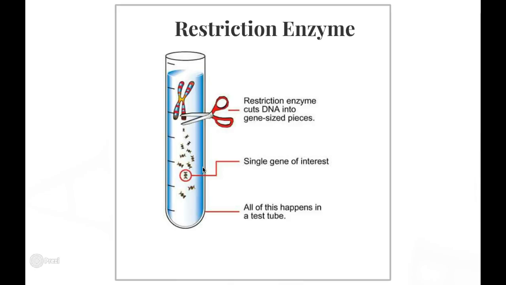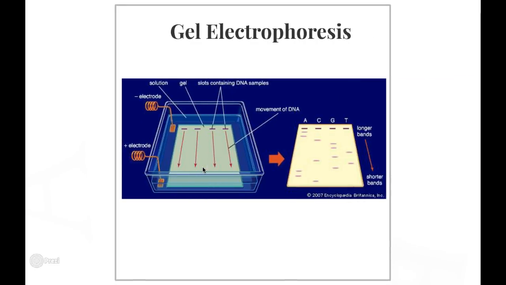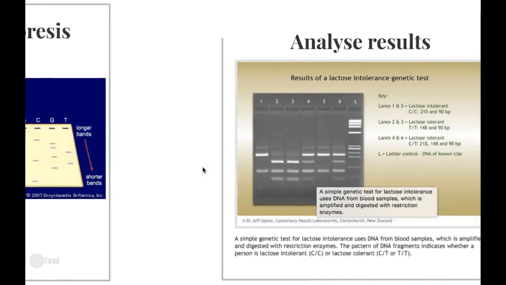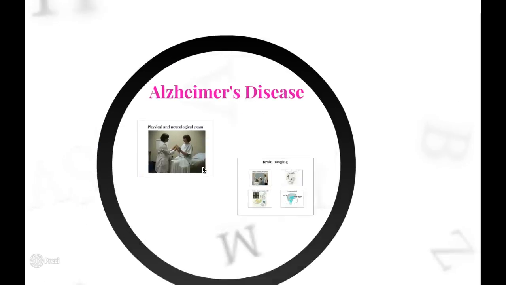Third, the restriction enzyme will cut the mutant DNA but leave the normal DNA intact. And then, the DNA fragments are separated by size using gel electrophoresis. Last, the pattern of DNA fragments indicates whether a person is lactose intolerant or lactose tolerant.